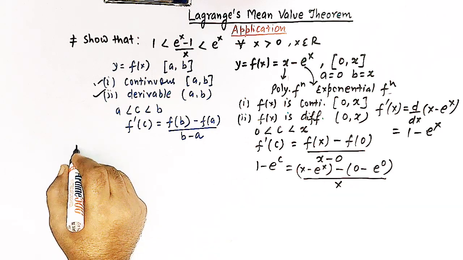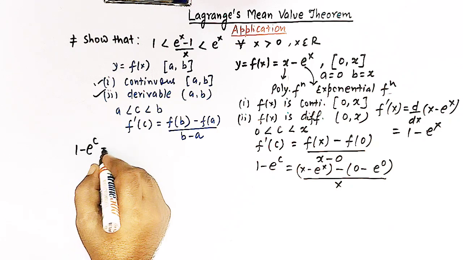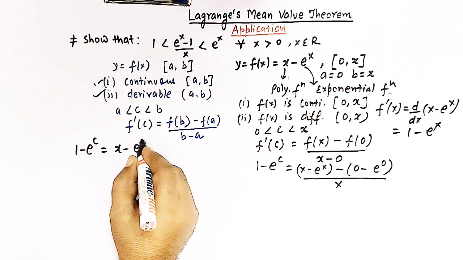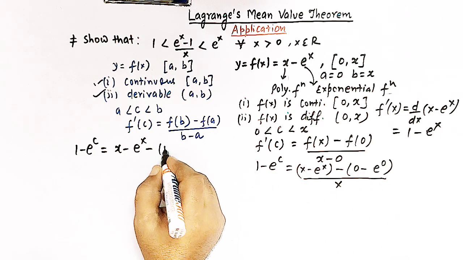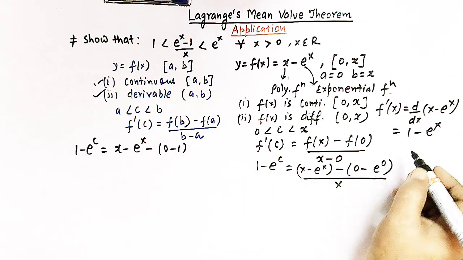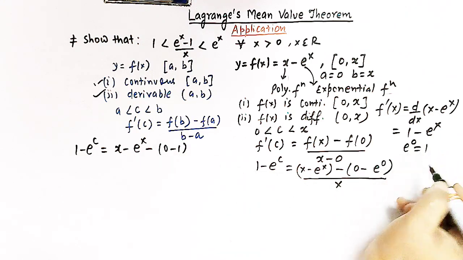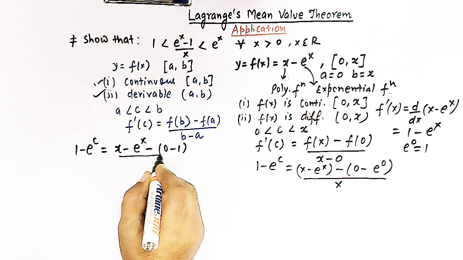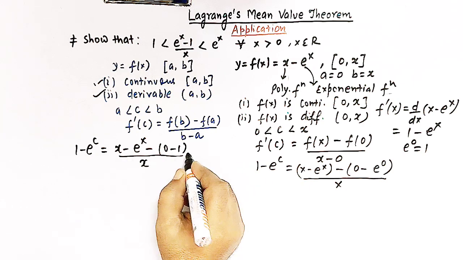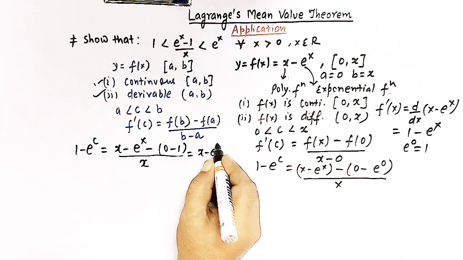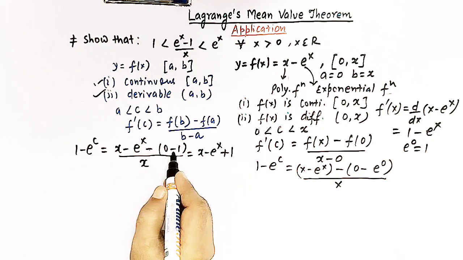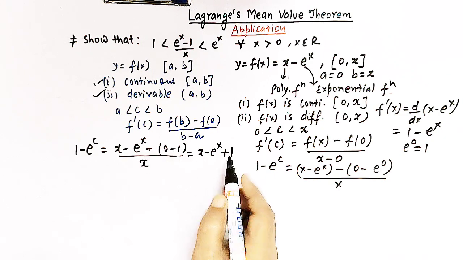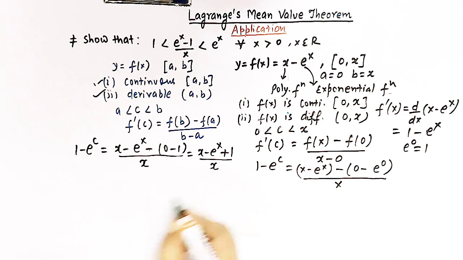So now we can write 1 minus e raised to c, and we have x minus e raised to x minus here we have 0 minus 1, because e raised to 0 is 1. So here we have x, so we can now write x minus e raised to x plus 1. So this minus and this minus, it becomes positive, and here we have x.